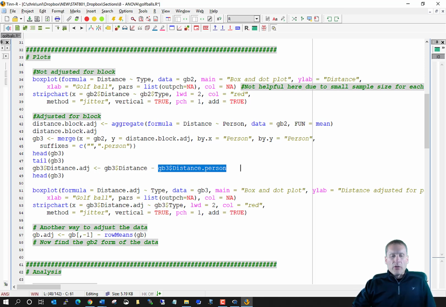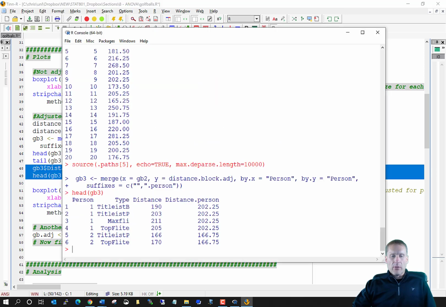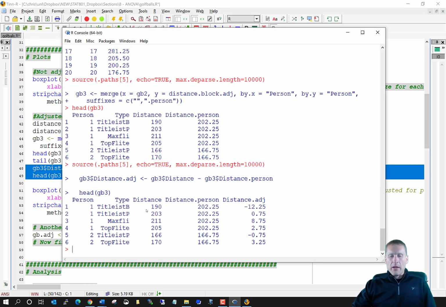So I'm going to create a new variable called distance.adj for adjustment. I'm going to put that into GB3, and it's going to be the distance minus the actual average distance by person. So if I do that, there we go. So if we take 190 minus 202.25, we get negative 12.25. This adjusted distance is now what I'm going to plot.